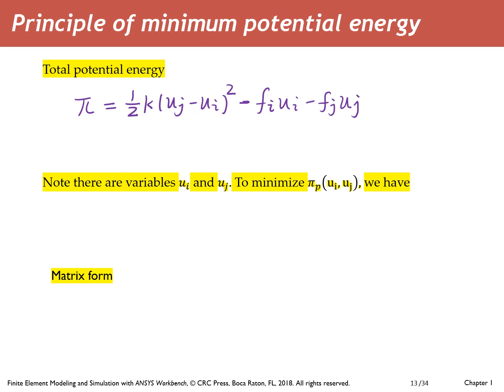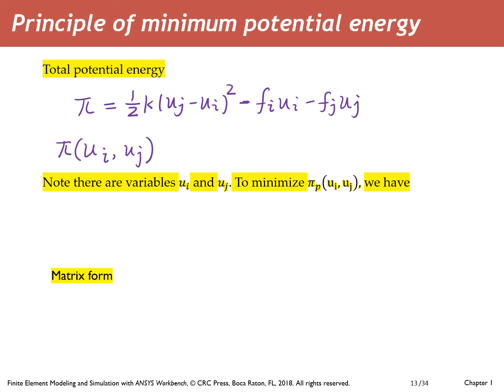The next step is to minimize it, but before doing that, we notice that for this problem we have two variables. The total potential energy is a function of ui and uj.